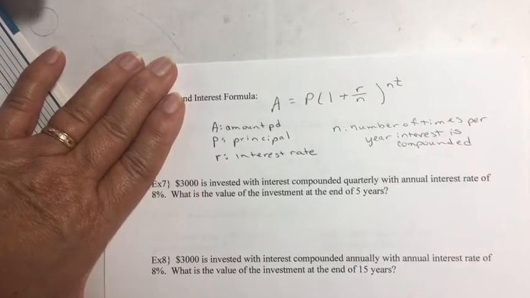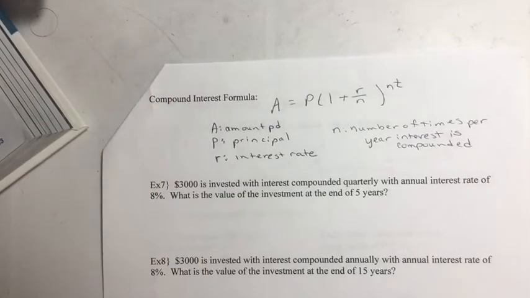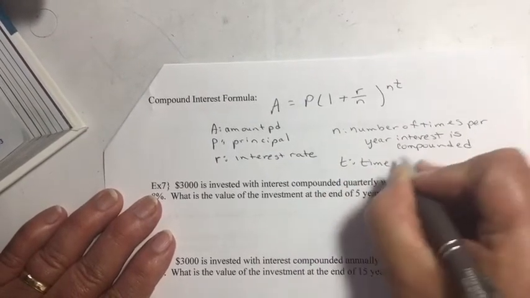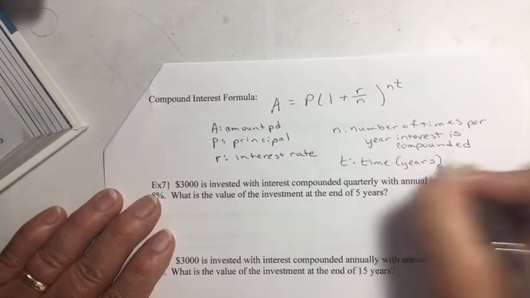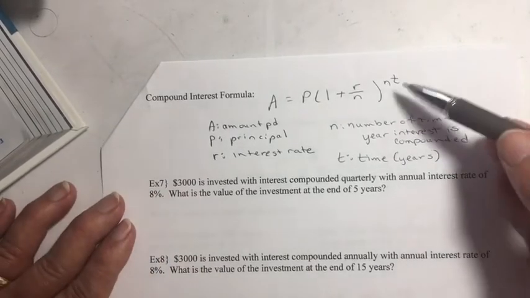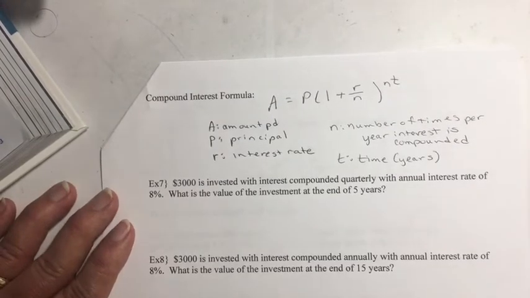So like you could have interest that's just annually, it pays out once, quarterly, in other words, 4 times a year, semi-annually, twice a year, gosh, maybe even like a credit card. They get you monthly. They charge you extra money every month. And then T is the time, and that's in years, that the money is borrowed or that you loan it or that you're leaving it in your investment. And it could be like 6 months, and then you would use a 0.5 because that's a half a year.